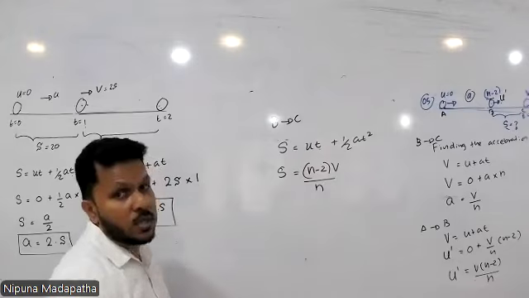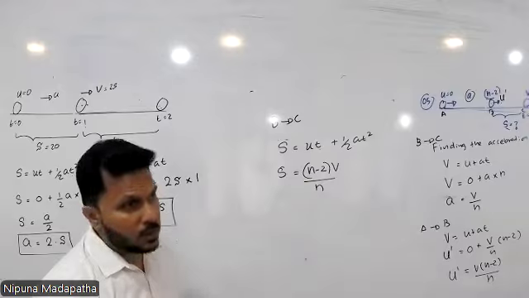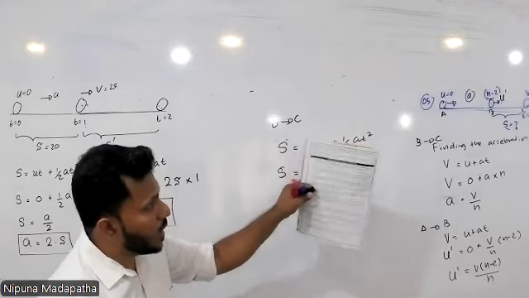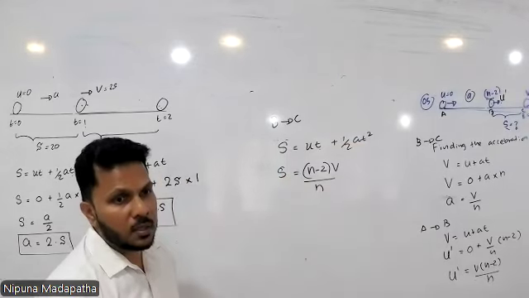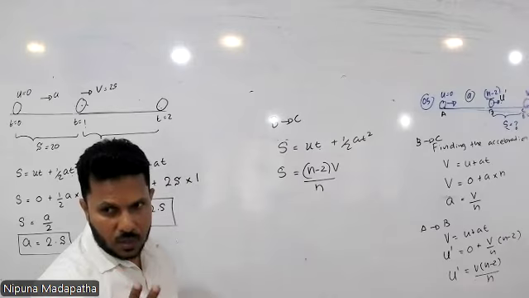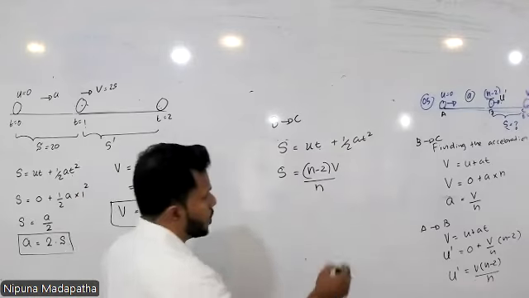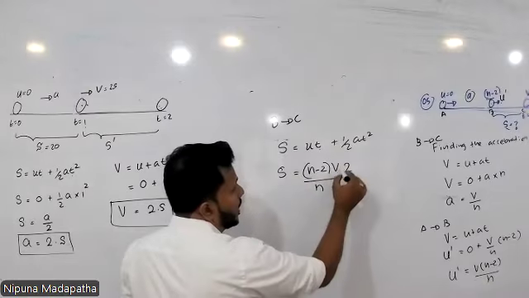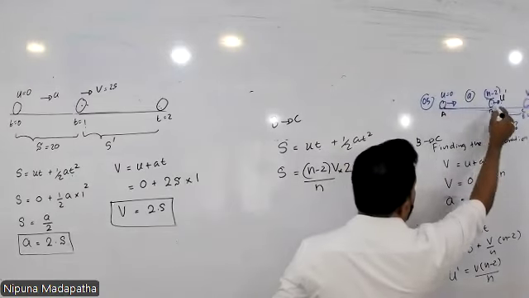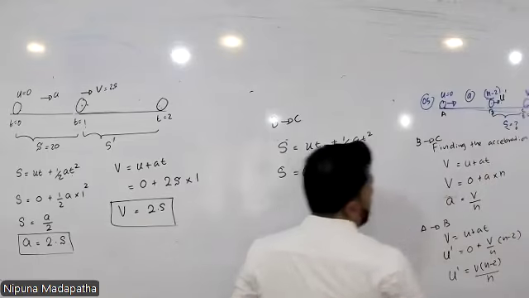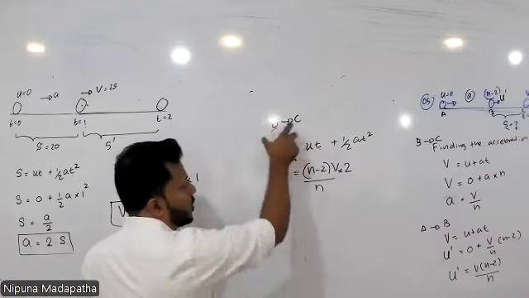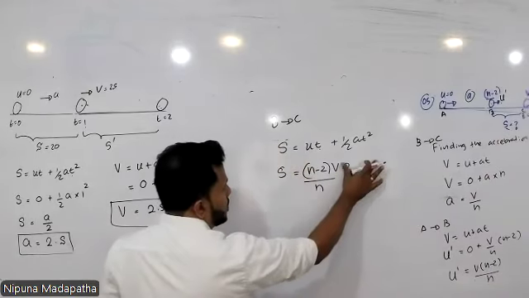What is the time period? From n minus 2 to n, the time interval is 2 seconds. For the last 2 seconds, t is 2. The time interval we put here is not the measured time, but this interval, how long this motion lasted, which is 2 seconds.